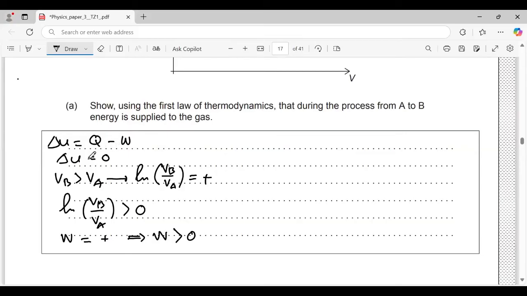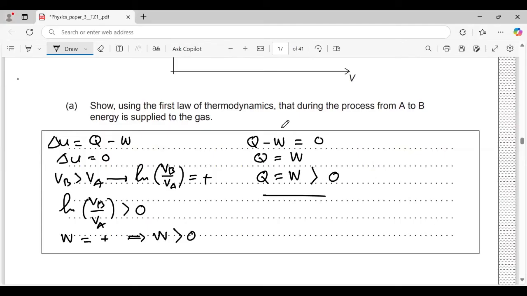Recall that delta U equals Q minus W. So if delta U equals zero, then Q minus W equals zero, so Q equals W. If W is greater than zero, then Q equals W, which is greater than zero.